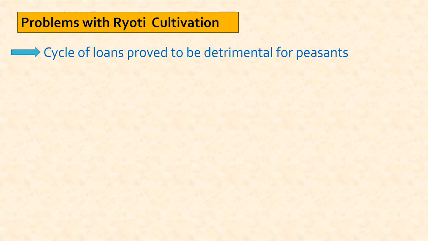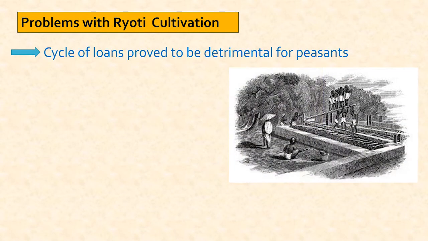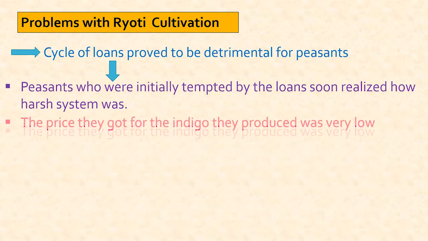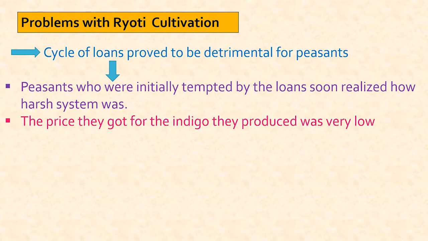Problems for ryot cultivation. The cycle of loan proved to be detrimental for peasants, as they were not able to repay the loan amount. Peasants who were initially tempted by the loan soon realized how harsh the system was. The price they got for the indigo they produced was very low and the cycle of loan never ended.